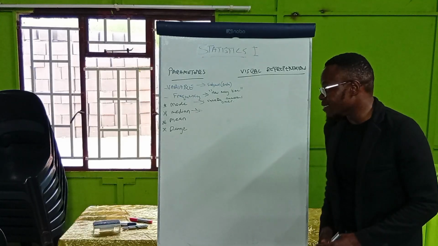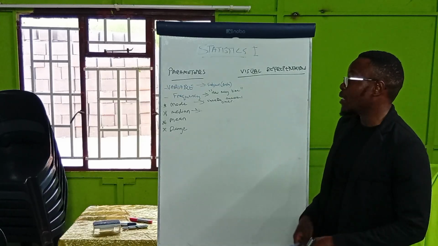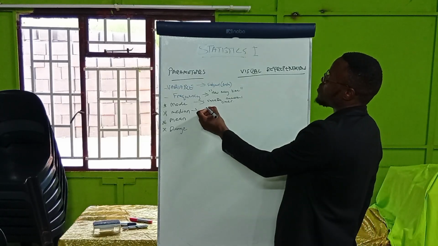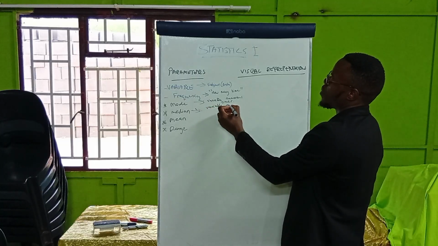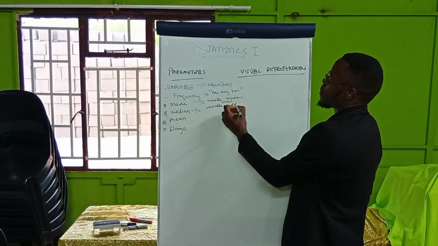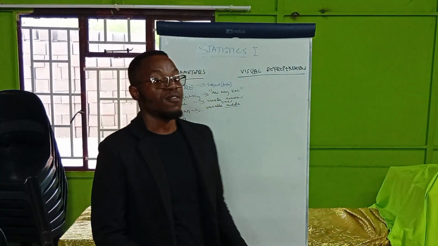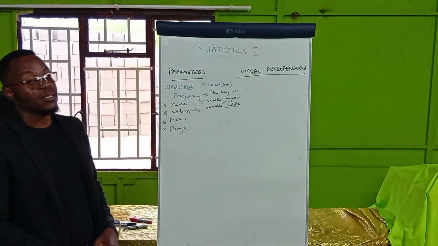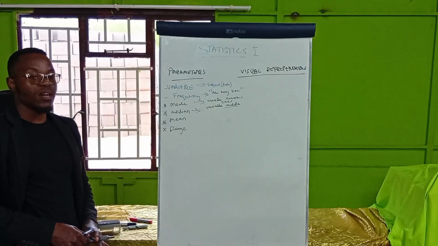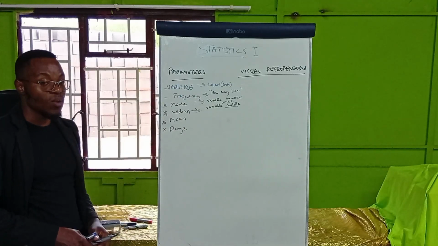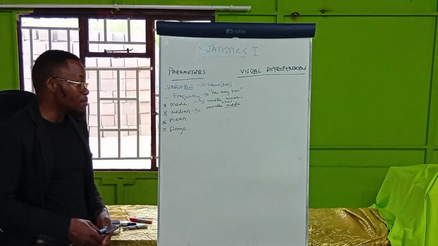And then the median. So the median, it actually depends on the type of data that you have, but mainly it is the variable that's in the middle, or the value that is in the middle. That's what we call the median. So if you are talking about random data, if you have a list of certain numbers, then you would have to arrange them first in ascending order, and then you should be able to find the variable or the value that is in the middle.